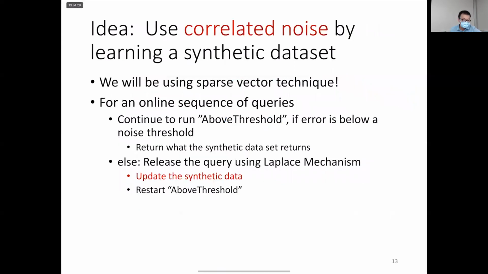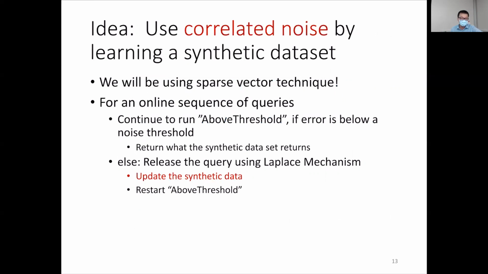And the idea of doing that is to couple the noise that you're adding. Instead of using independent noise, which allows the adversary to average out the answers that she gets and then get a more precise understanding of the data, let's use correlated noise.